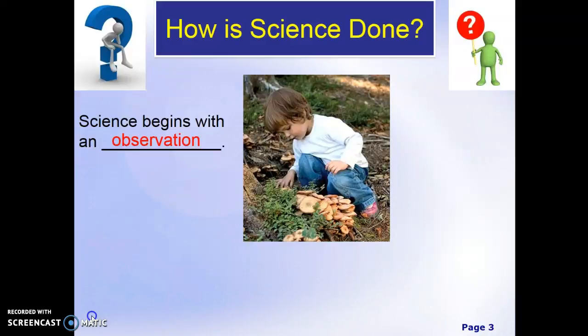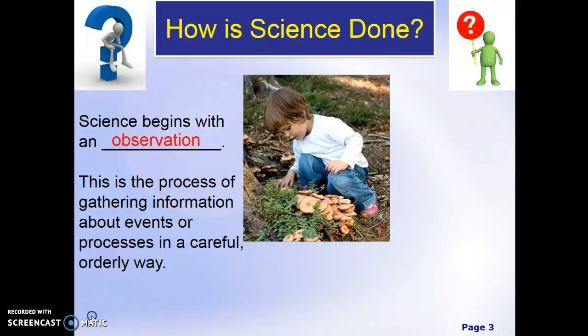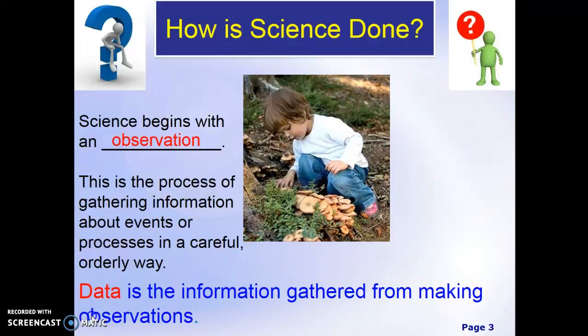Okay, so those are those five senses. I almost forgot my five senses, guys. This is the process of gathering information about events or processes in a careful way. And when we develop that observation, we're going to gather data from that. So data is going to be gathered from those different observations.